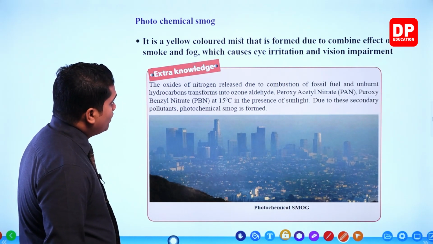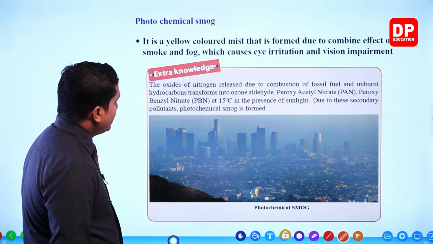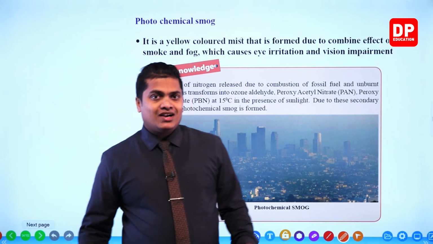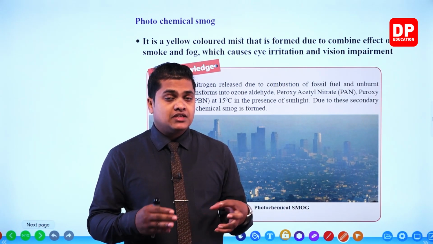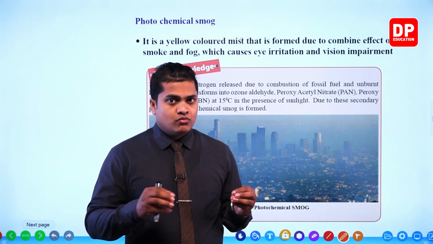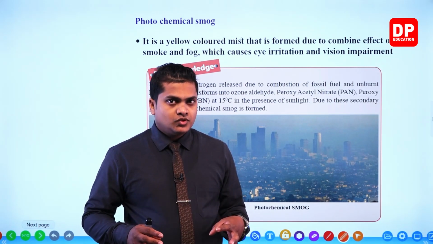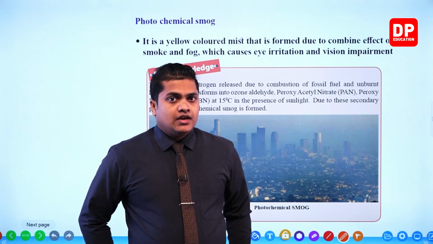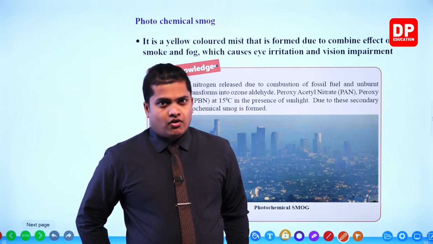So smoke and fog are both joined together to create the photochemical smog. That is why it is referred to as smog. Smoke, fog, smog. Okay, so photochemical smog is created because of the combining of smoke and fog.